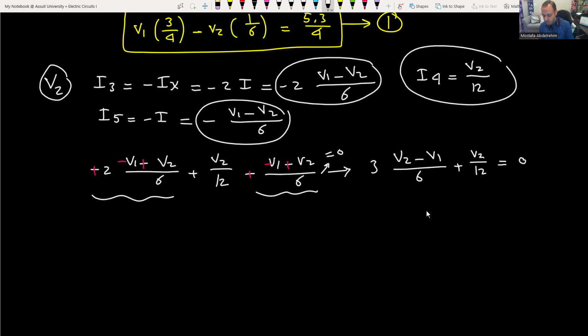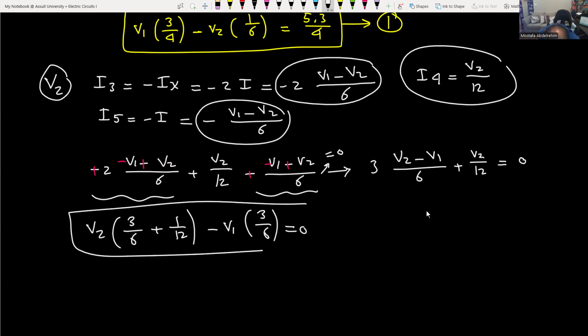The summation of the currents equals 0. So let's continue here. V2 as a common factor will leave us with 3 over 6, which is half, plus 1 over 12, minus V1 times 3 over 6, equal to 0. And that's equation number 2.